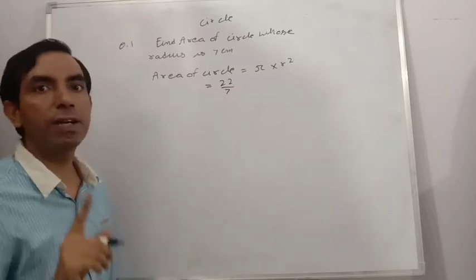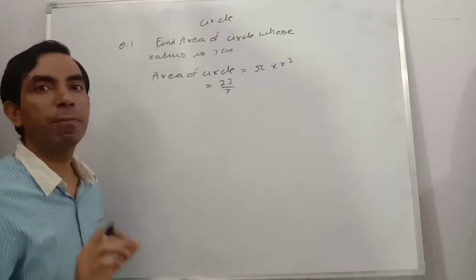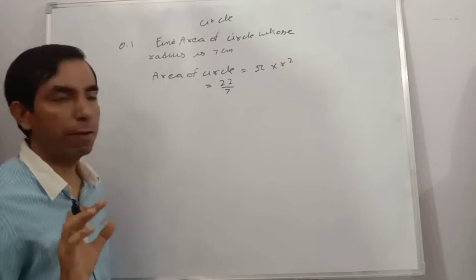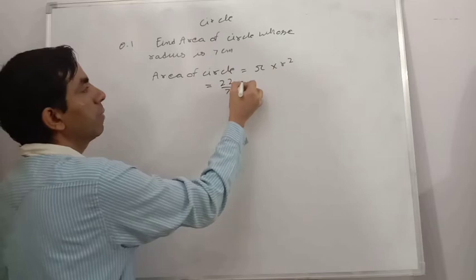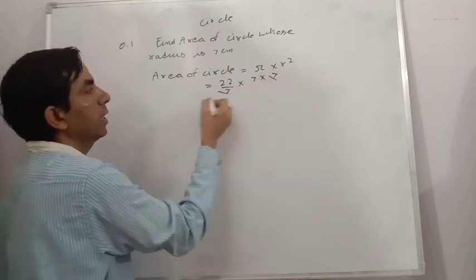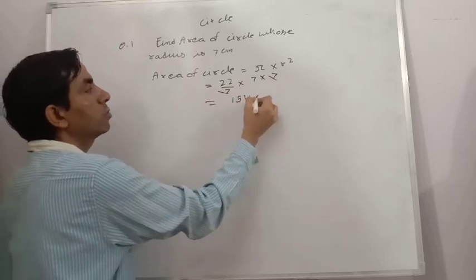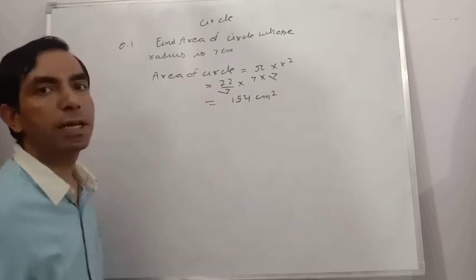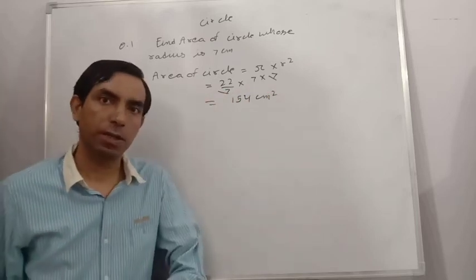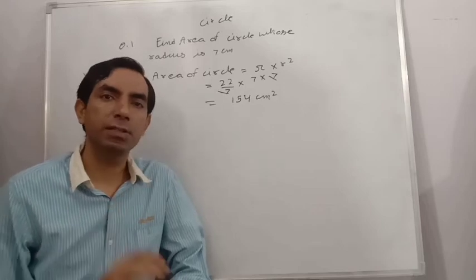Generally we always take 22 upon 7, but if the condition says use pi value 3.14, then we use that. So 22 upon 7 multiply 7 multiply 7. One 7 is crossed out. Then our answer is 154 centimeter square. It is the area of circle. It is the simplest way to find the area of circle and circumference of circle.